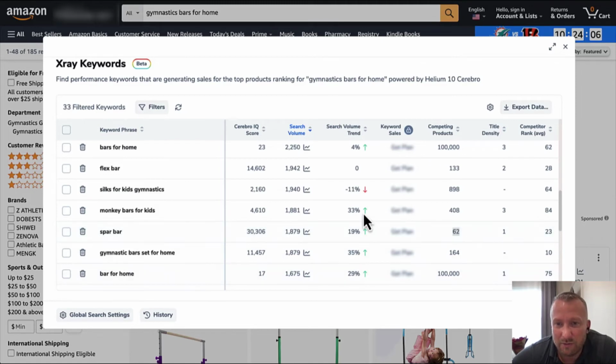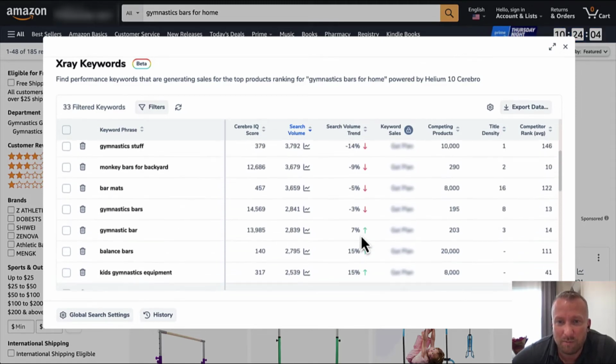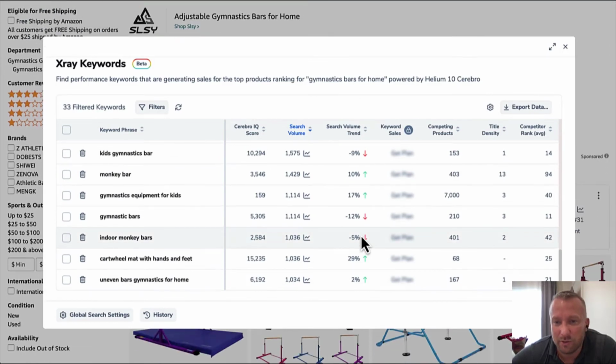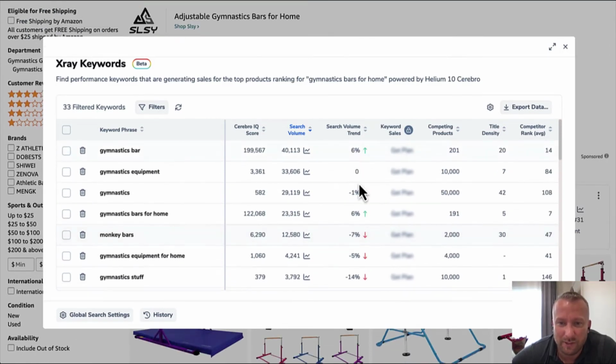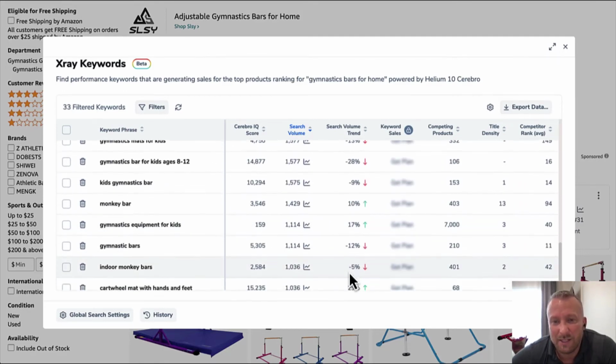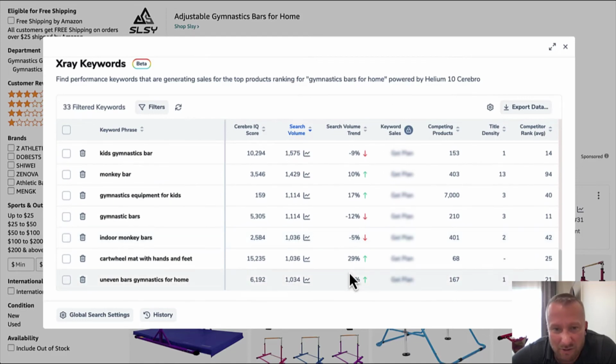So if you see a lot of green arrows up, up, up, then that particular niche might also be really good. If you see some red arrows down, then that keyword or niche in general might be going down.